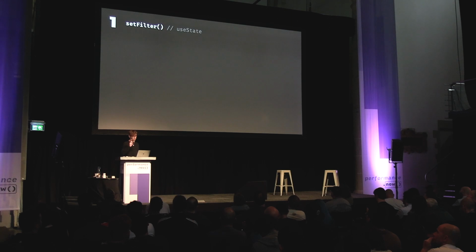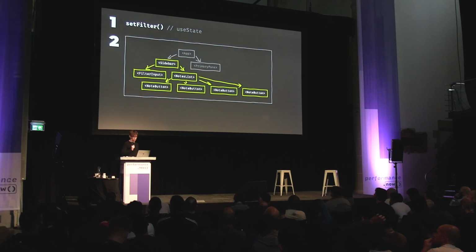OK, so if I was to debug this a little bit more, what I would realize is what's happening in the app is I'm typing into the text field that calls the setFilter function, which is a useState hook, which controls the state of the app. That changes the state in a bunch of components, and that causes React to render all these components one by one until it's done.